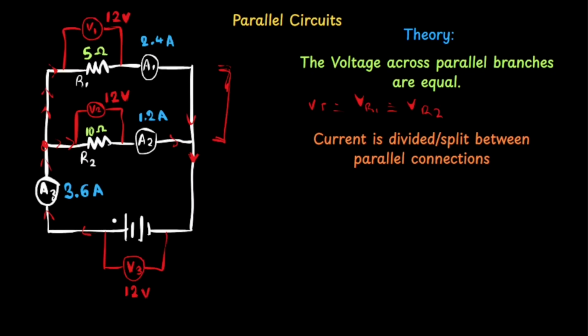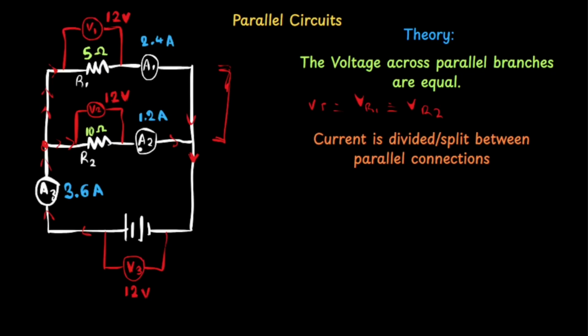I have 3.6 amperes of current being supplied by the battery. It follows the path of the wire until it reaches a junction where the current splits. Looking at the first branch, the branch that contains resistor R1, I would have 2.4 amperes of current that flows through it.